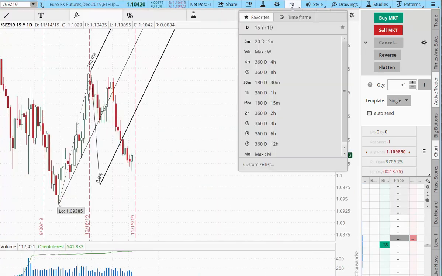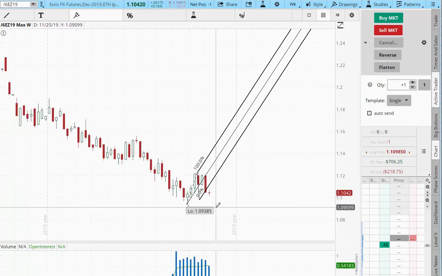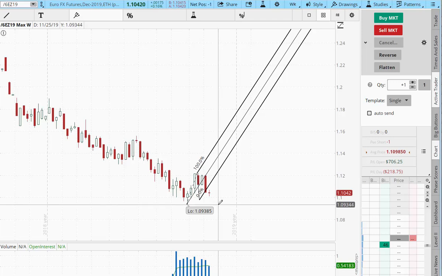So the theory is that price is going to try to make new lows. Okay. Will it? I don't know.